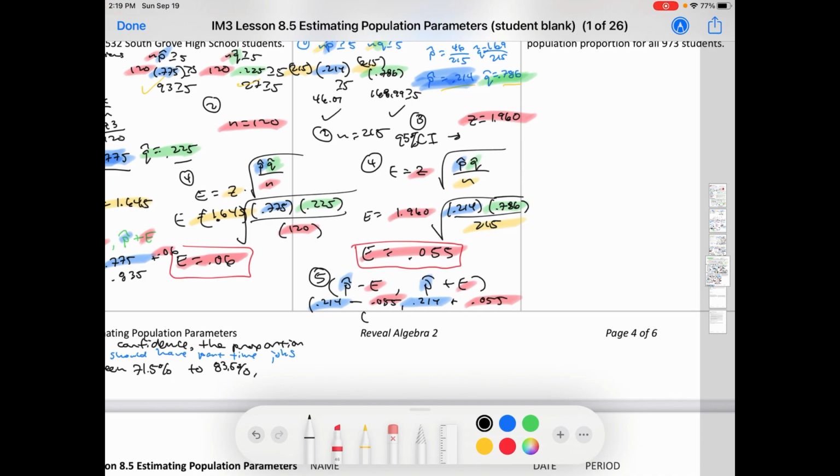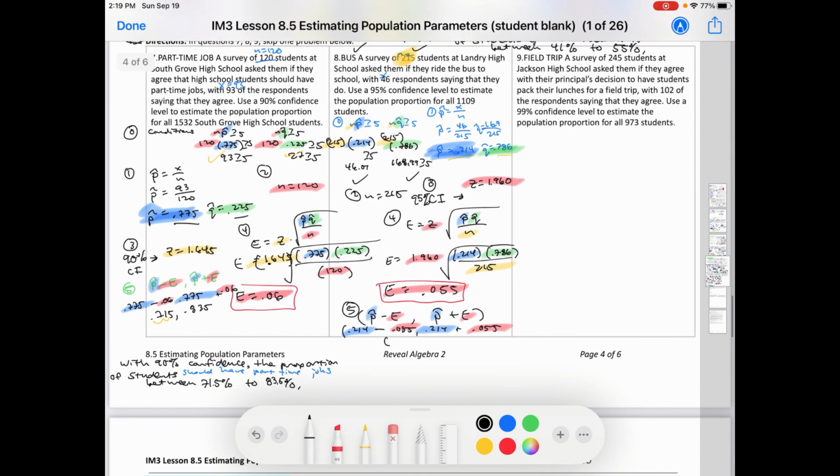And if you calculate those numbers, put in the calculator, 0.214 minus 0.055 will give us 0.159 and 0.269.